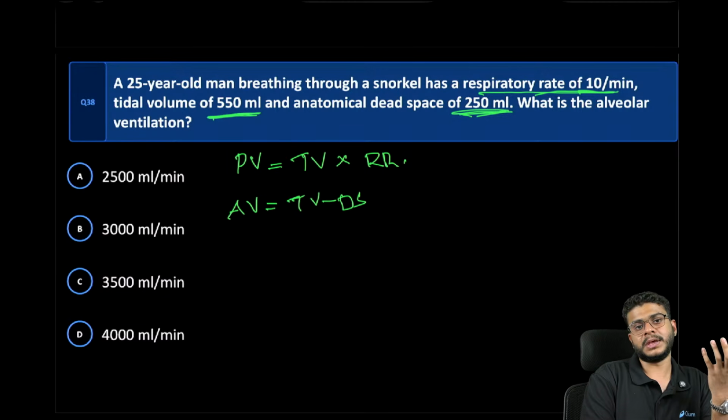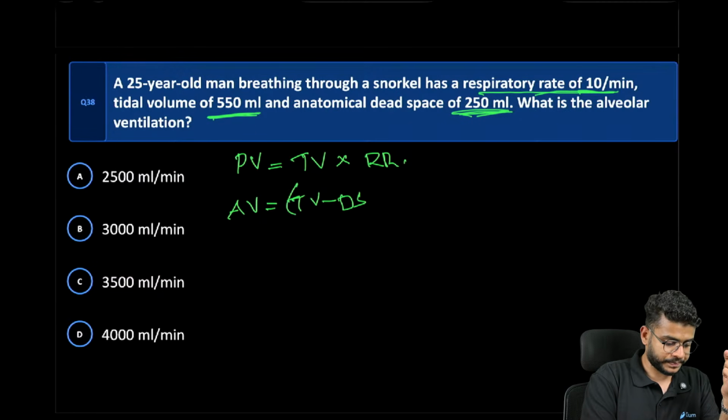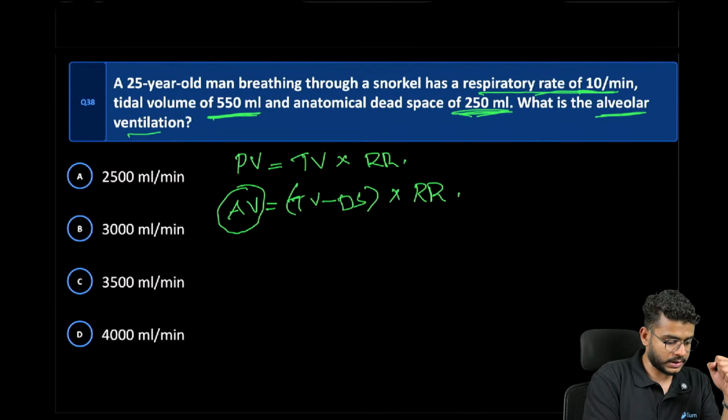Dead space means the alveoli which are not functioning, or the air present in the conducting zone also, into respiratory rate. So we need to find the alveolar ventilation, right?